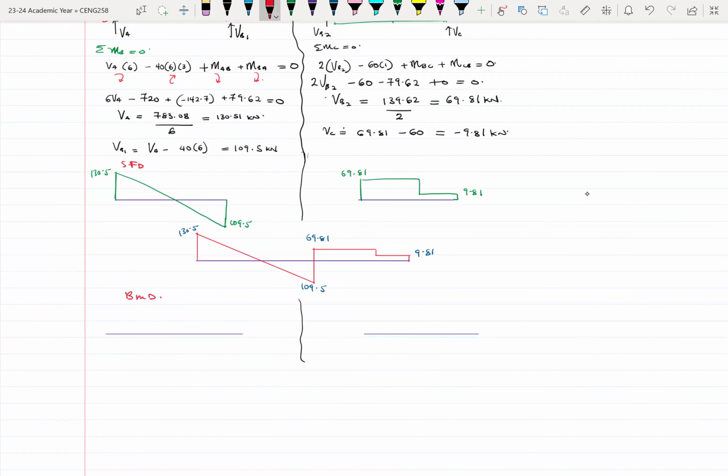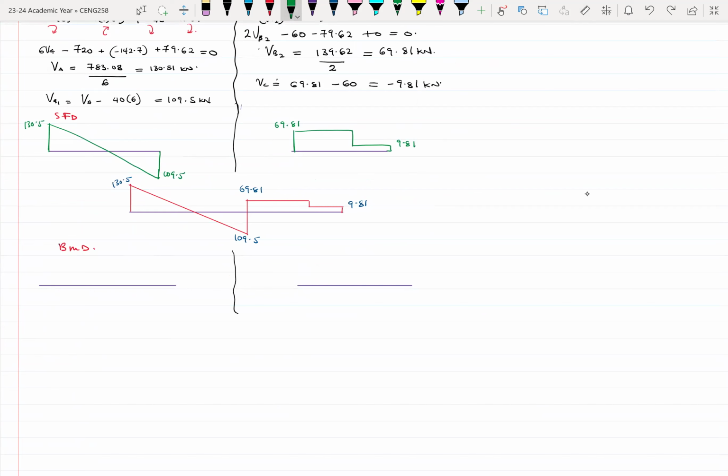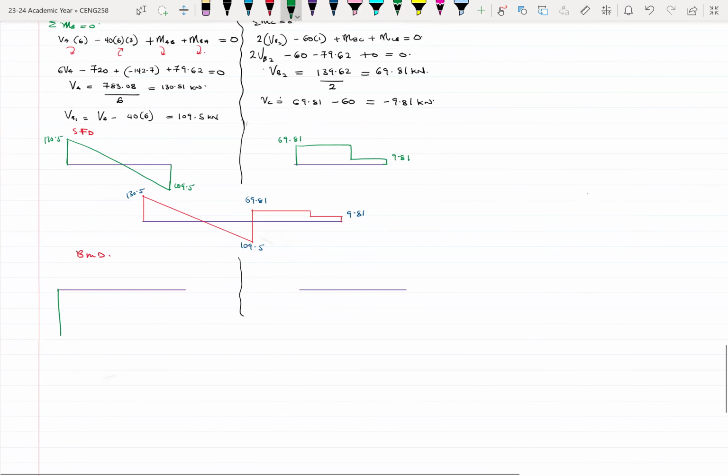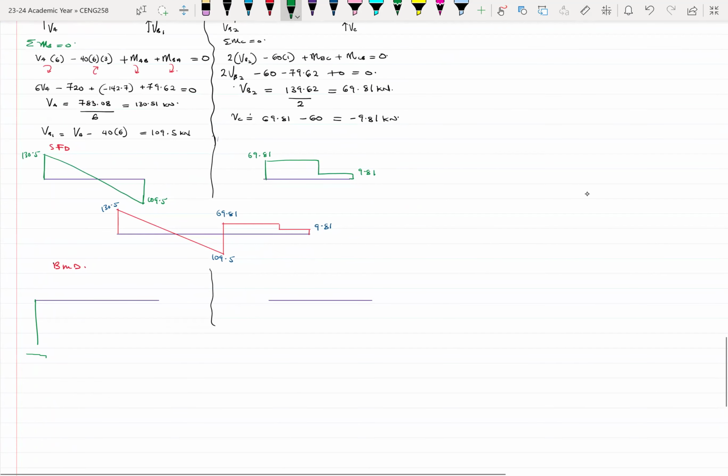We had in the beginning a negative value here, and that was 142.